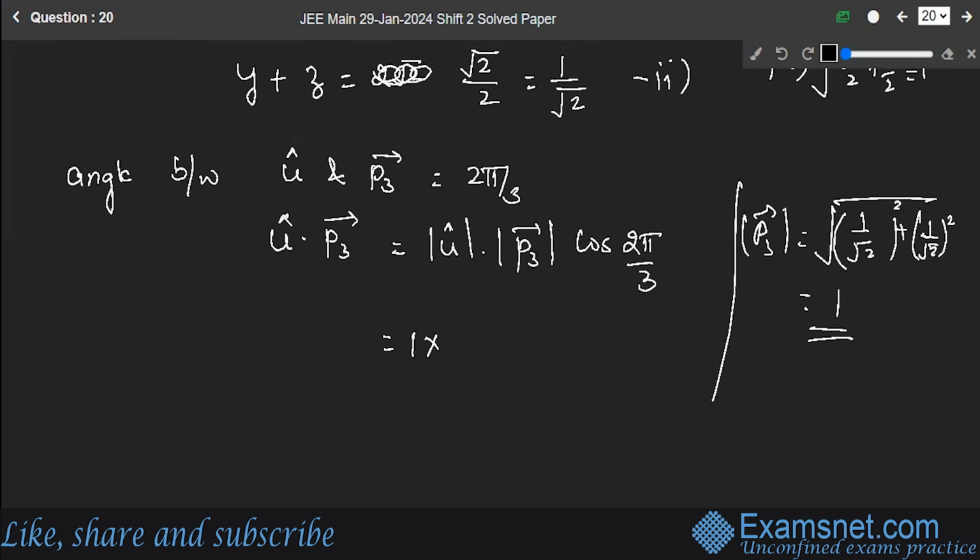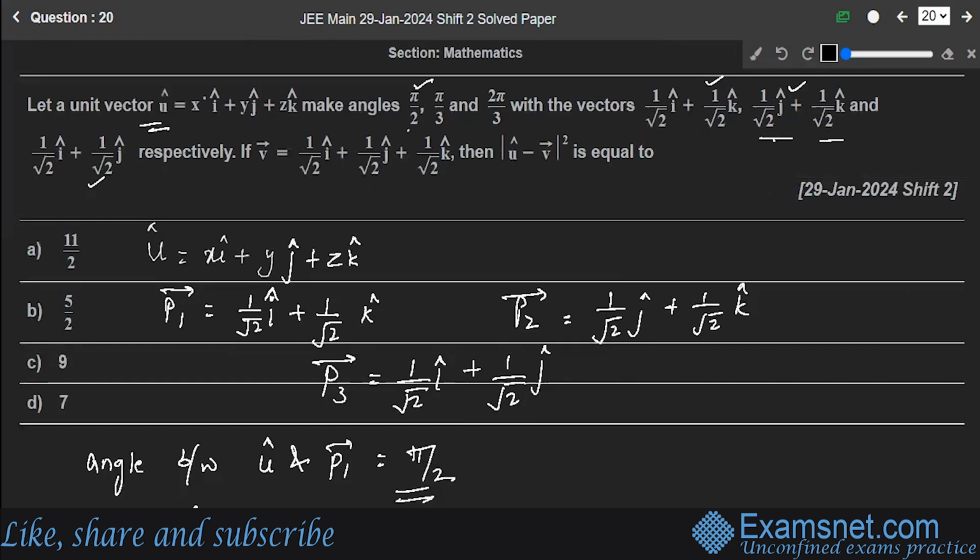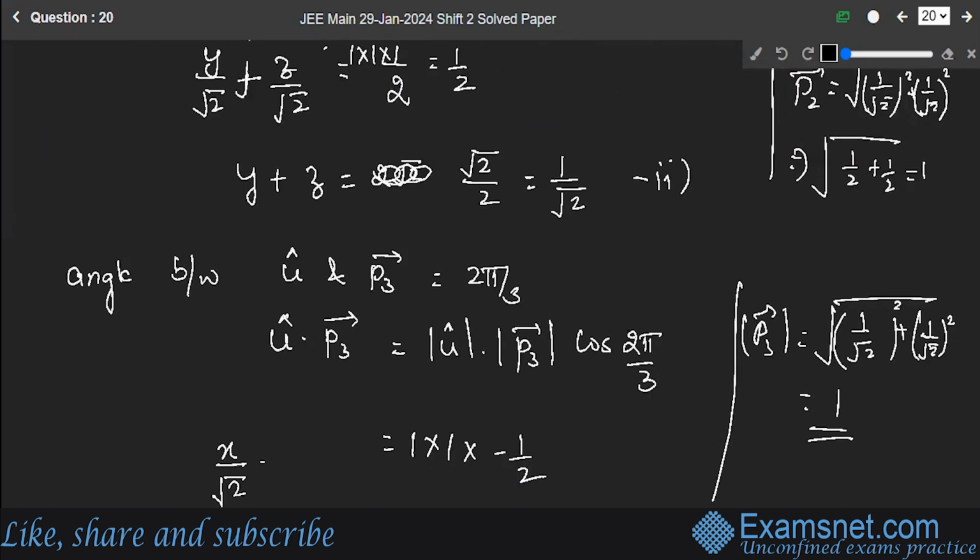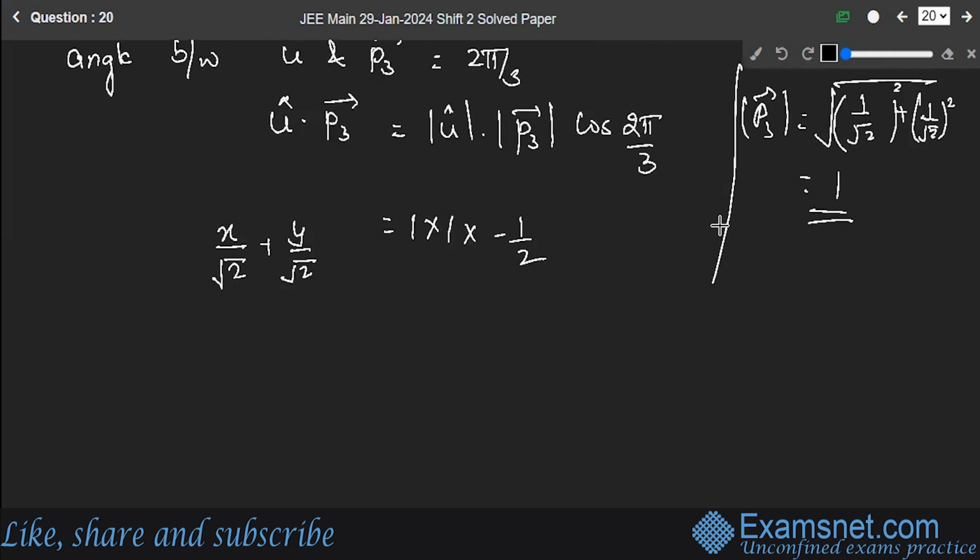This will give me 1 again. So 1 into 1 into cos of 2 pi by 3, which gives me minus 1 by 2. So you will have x plus y upon root 2 equal to minus 1 by 2. X plus y will be equal to minus 1 by root 2.